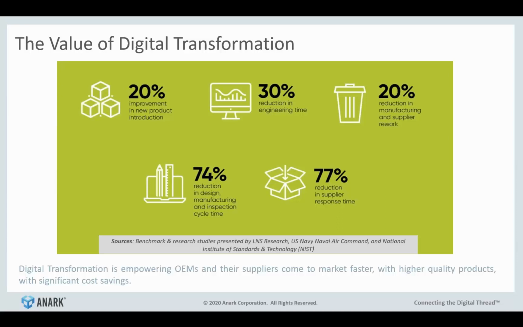Before we move on, one of the lower numbers here is this 20% reduction in manufacturing supplier rework. That was measuring incidents and not value. And I think when you weight these things by the actual value, this is one of the more important and larger value ROI items.